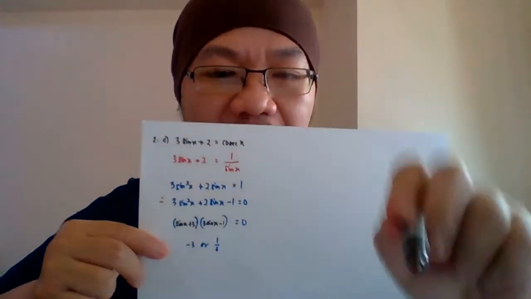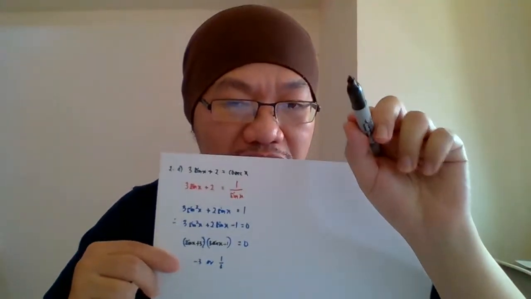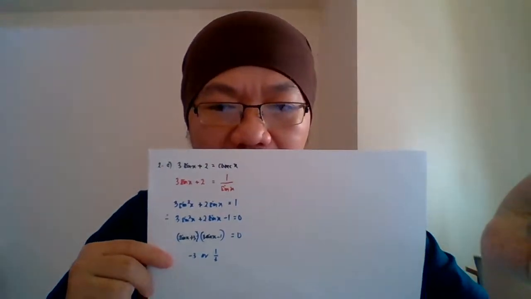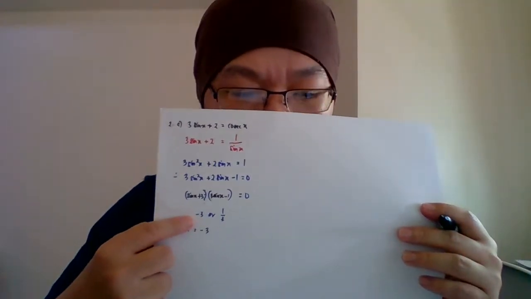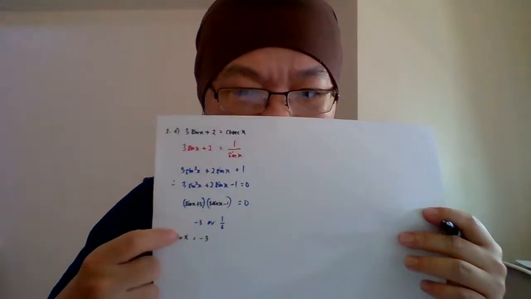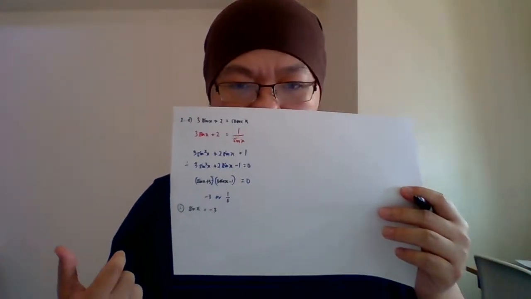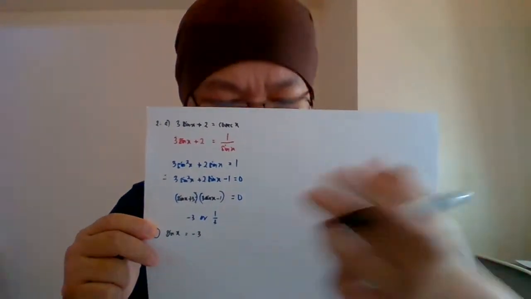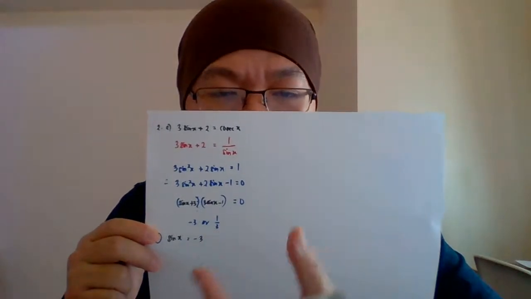Now, that is not the final answer. I told you when we solve the problem, we are talking about angle. We are talking about how many degrees. So what we can do next is number 1, sine x equals negative 3. Right? The first one is sine x equals negative 3. So find x. How do you find x? Back to the previous video. We just find the RA, the reference angle.